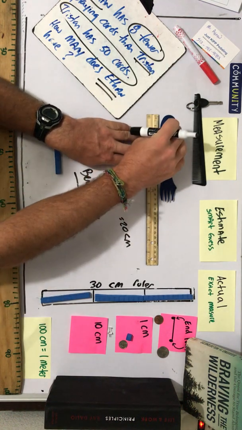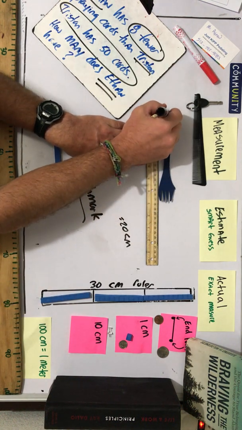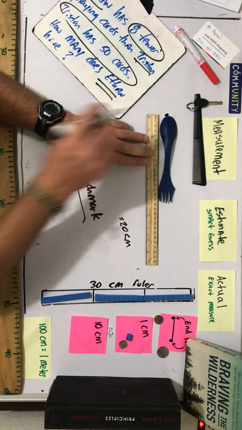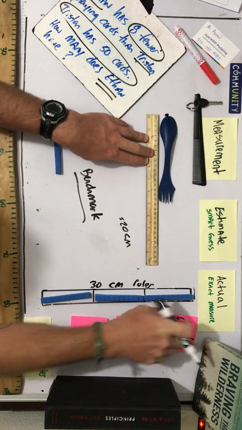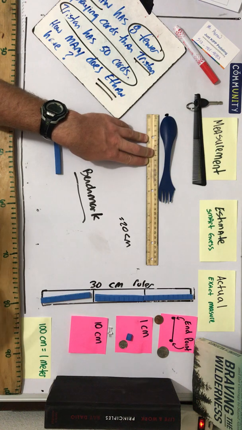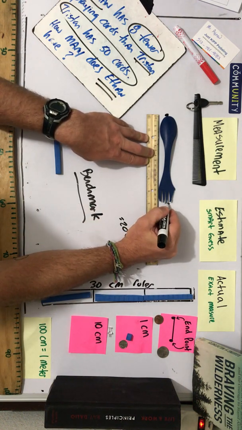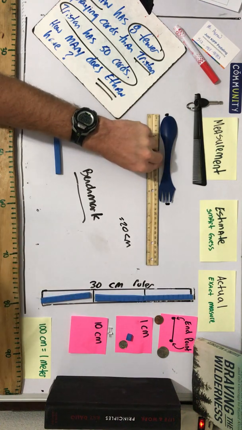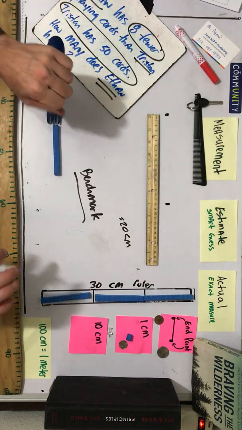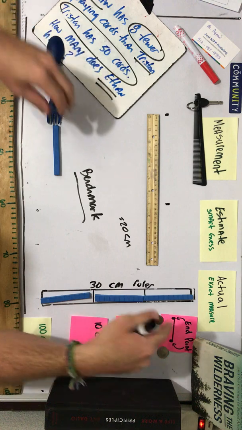Now when I measure, I'm going to line it up at the very end and put a little bit of a mark. That's actually going to be my first end point. And then I'm going to mark the end of it as my second end point. I've made my two end points because they're at the front and the back.